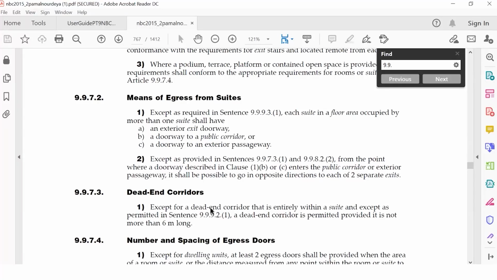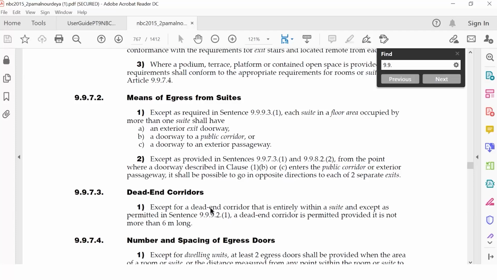Each suite shall have either an exterior exit door, or a doorway leading to a public corridor, and a public corridor leads to exits, or a doorway to an exterior passageway. The exterior passageway is considered an exit. The exterior passageway will lead also to exterior stairs, so it will be a protected exterior passageway.